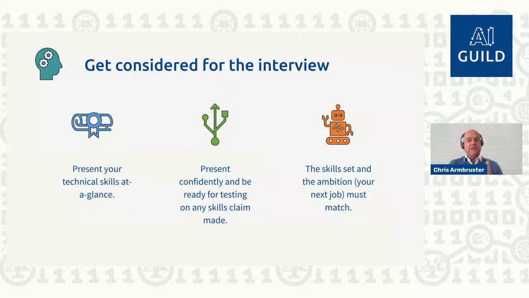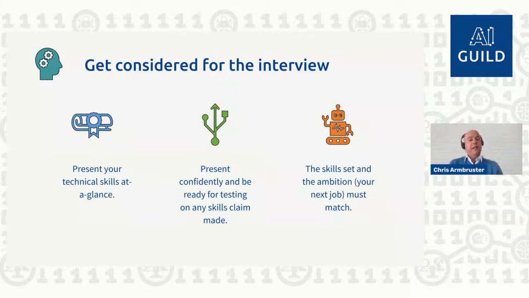So you want to present confidently, and you need to be prepared to be tested on your claims. So you put it in, and then if somebody queries you or puts a test in front of you, of course, it needs to work. This is also why it makes sense to focus your technical skills profile, because you indeed want to be clear about what it is that you bring to the table.